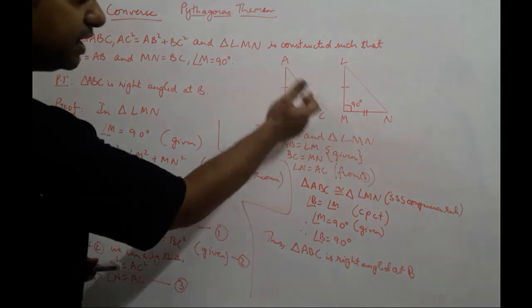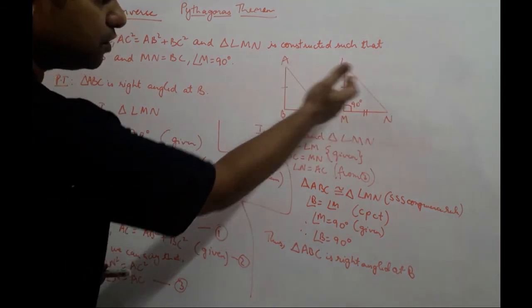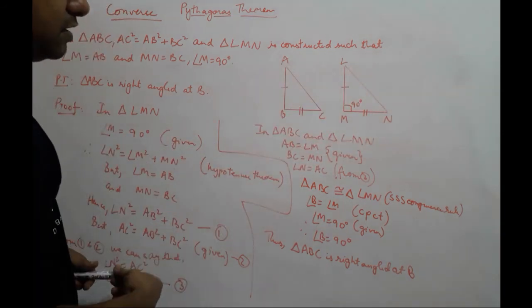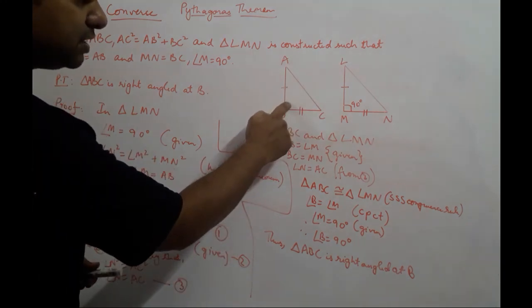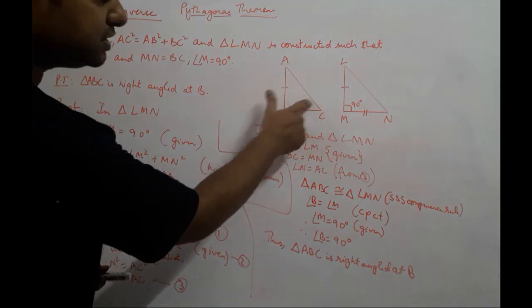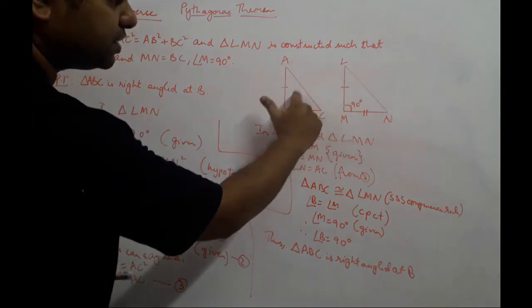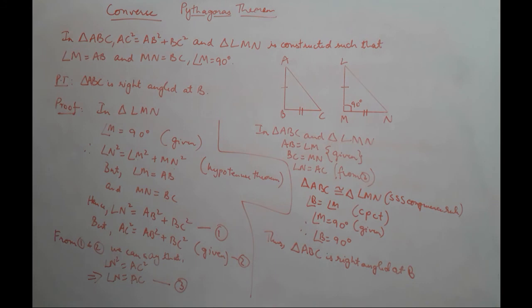That means the third side, or the hypotenuse, of the two triangles were equal to each other. We can't call this hypotenuse yet because we are yet to prove that this is a right angle triangle, but the longest side of the two triangles were equal to each other.